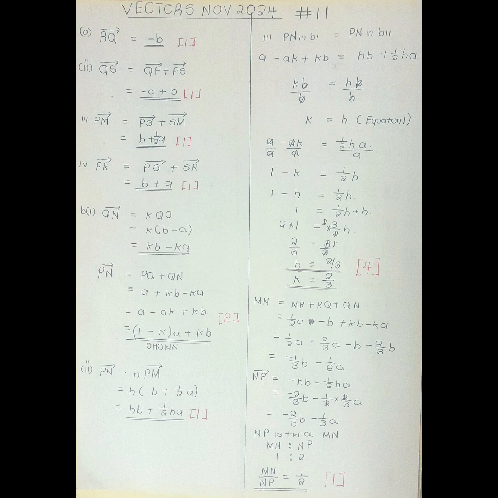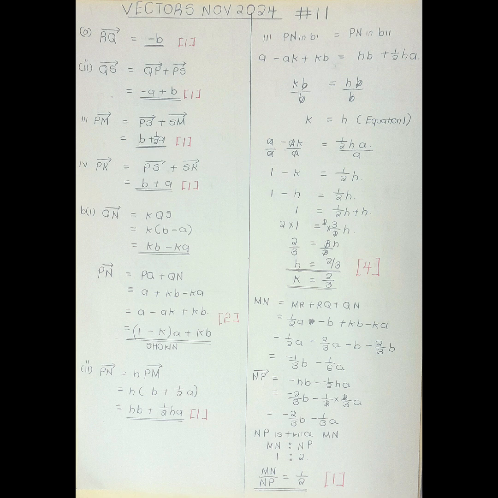And then on B part 1, we first need to calculate QN. We say QN is equal to K QS, which is K times B minus A. We expand in order to get KB minus KA. And then vector PN is now PQ plus QN.